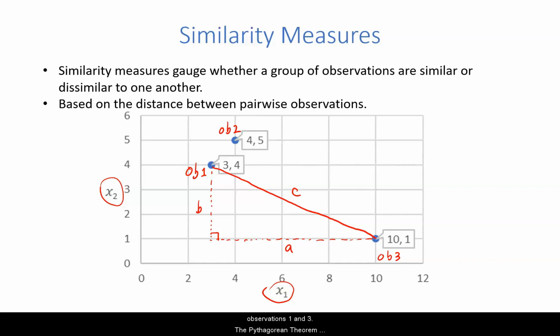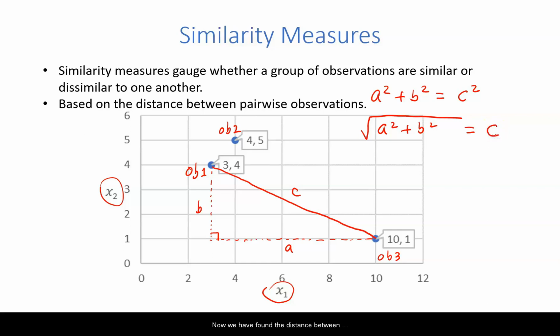So the Pythagorean theorem states that A squared plus B squared equal to C squared in the right triangle. We can modify this equation a little bit and write it as the square root of A squared plus B squared equals C. Now we have found the distance between observations 1 and 3.